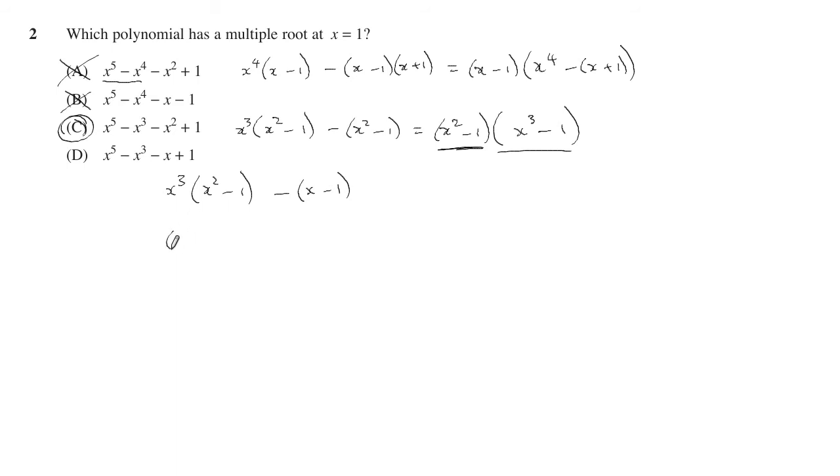So let's take the x minus 1 out the front. And then if we try subbing in x equals 1 to this bit, you get 1 times 2 minus 1. So that's not 0, so that doesn't work. So it's only the single root for D, so definitely C.